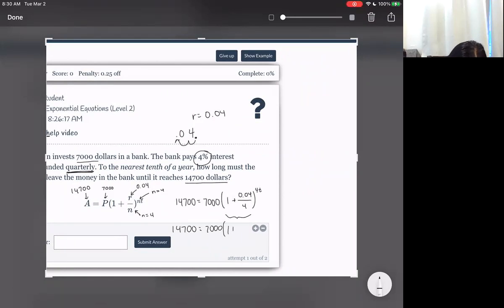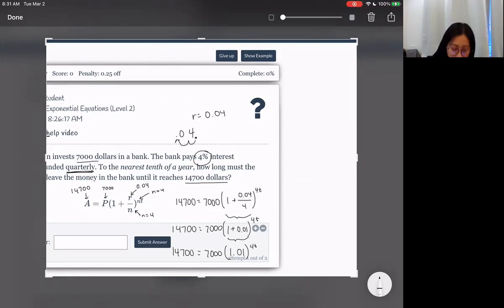So this is 1 plus 0.01 to the power of 4t. And let's simplify that again. Okay, so I've just simplified the part inside the parentheses until it got to just one number instead of a number plus a fraction, instead of 2 numbers.